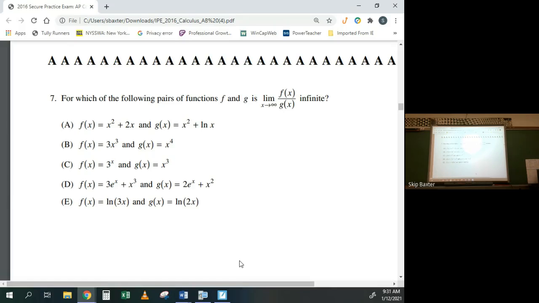So here's the question. You have 2 minutes. Go. This is in the non-calculator section of the exam too.